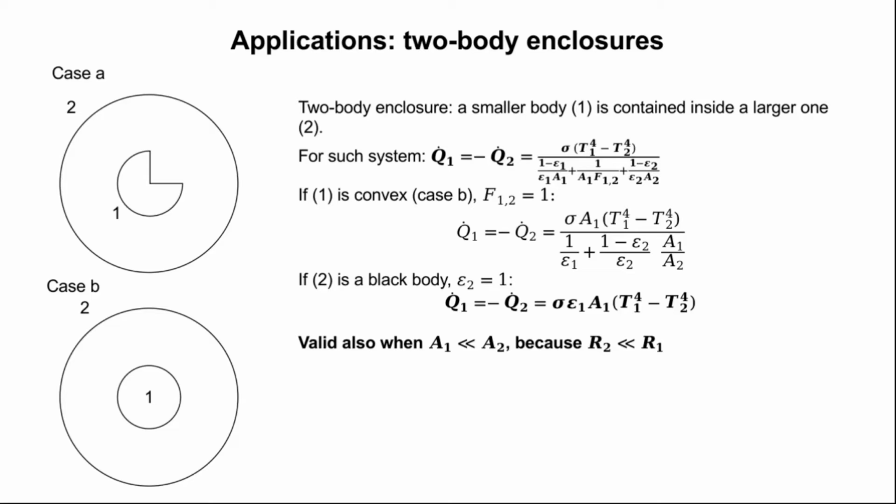The last formula is widely used for engineering applications of two-body enclosures, because it can also be applied when the area of body 1 is much smaller than the area of body 2, even if the latter is not a black body, because its surface resistance becomes much smaller than the surface resistance of body 1.